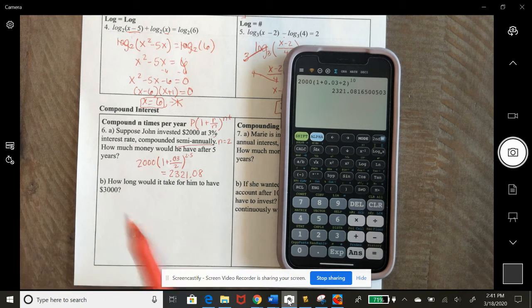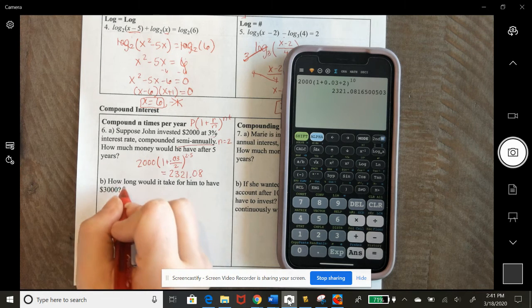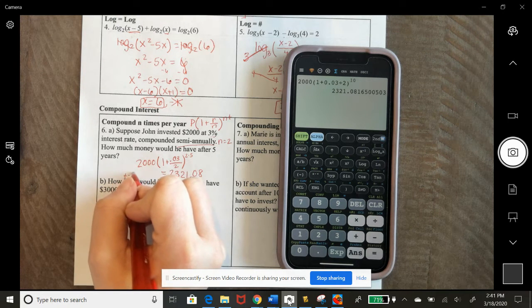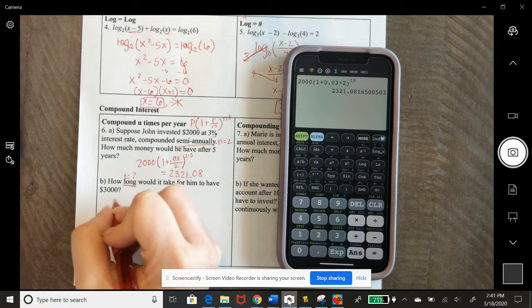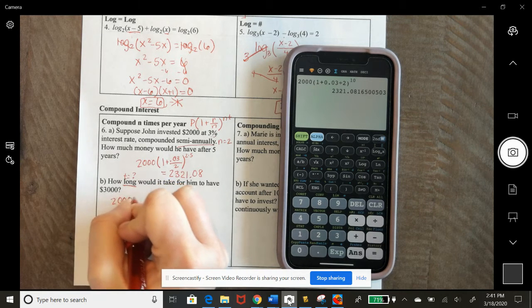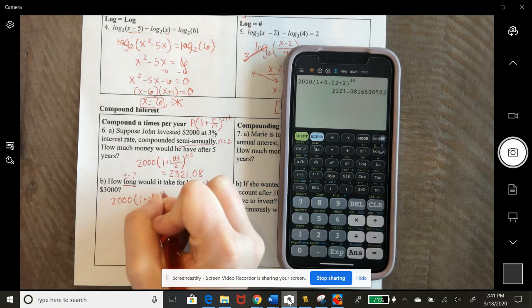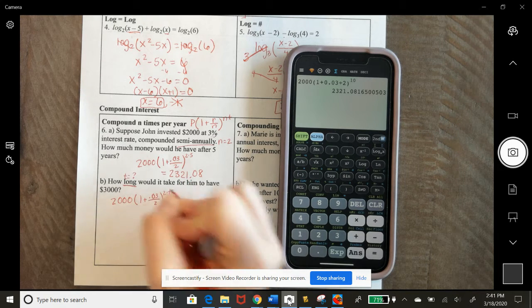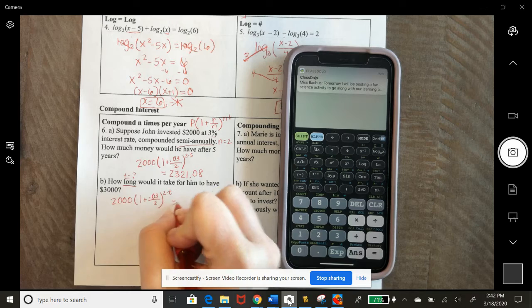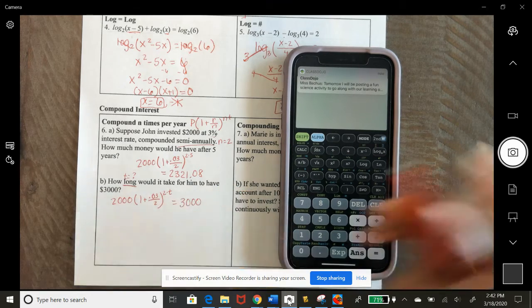All right, now letter B, we're going to do some solving. It says, how long would it take him to have $3,000? So we're actually going to look for our time here. So we're going to use our same equation, 2,000 times 1 plus 0.03 divided by 2, and now it's going to be 2 times t. We want to know when this is going to equal 3,000.